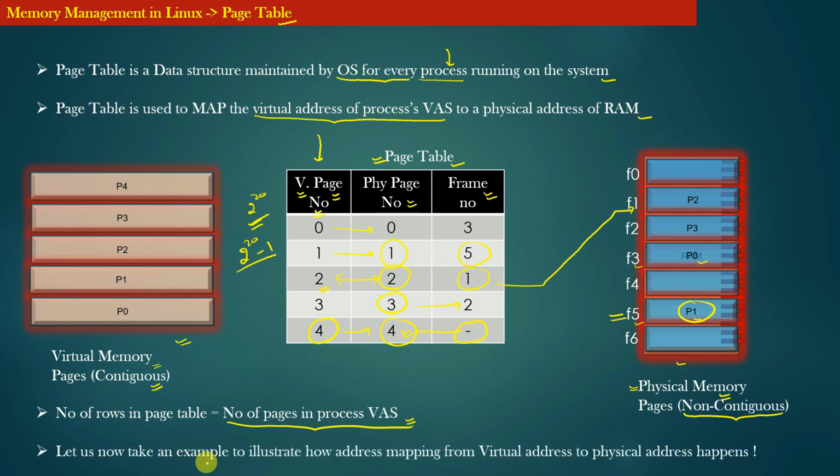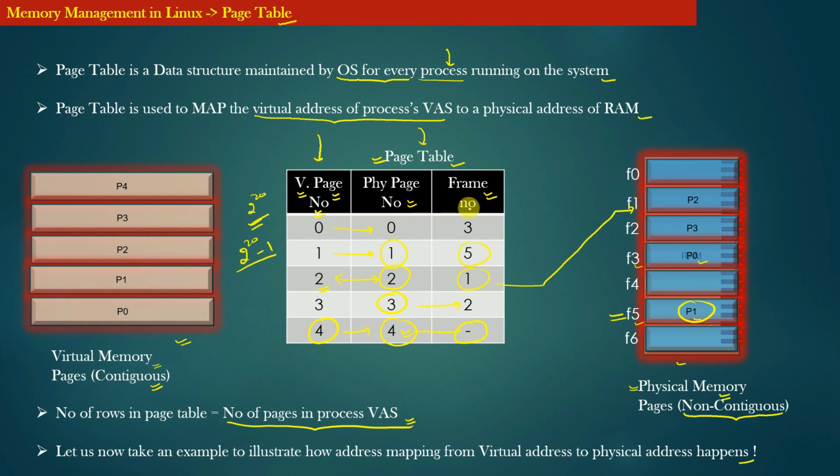Now let us take an example to illustrate how address mapping from virtual address to physical address happens. I hope I am able to explain what a page table is, how it helps us to map a virtual page to a physical page, and how it helps us find out in which frame number of physical memory a given physical page is located.